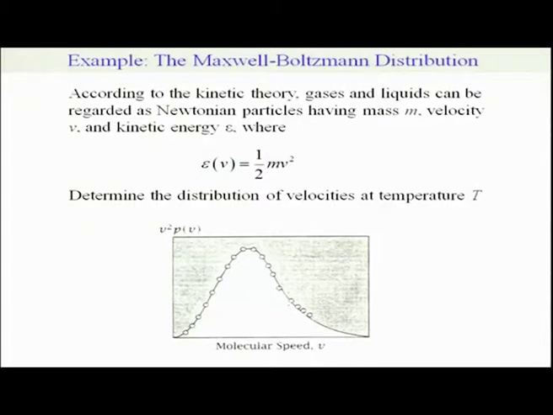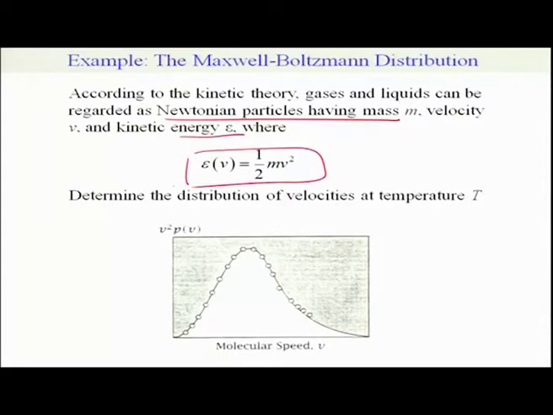Now, using this Maxwell distribution, we can also calculate the probability distribution of the velocities. This is sometimes called the Maxwell-Boltzmann distribution. According to the kinetic theory, gases and liquids can be regarded as Newtonian particles having mass m, velocity v and kinetic energy epsilon, where the kinetic energy is given in this form.